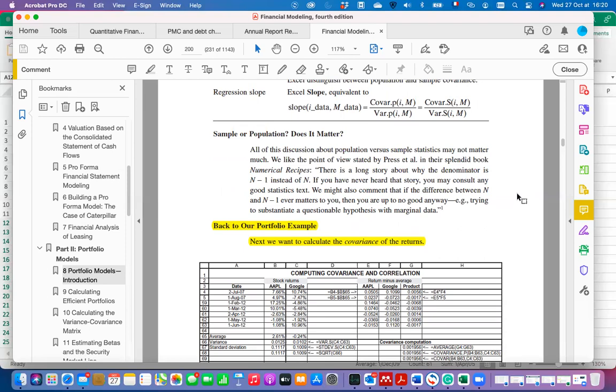How much is the standard deviation and the variance? And how much is the covariance between the 2 stocks? Because covariance is a statistical measure for the interaction between 2 stocks. Covariance measures how much one stock interacts with the other stock.